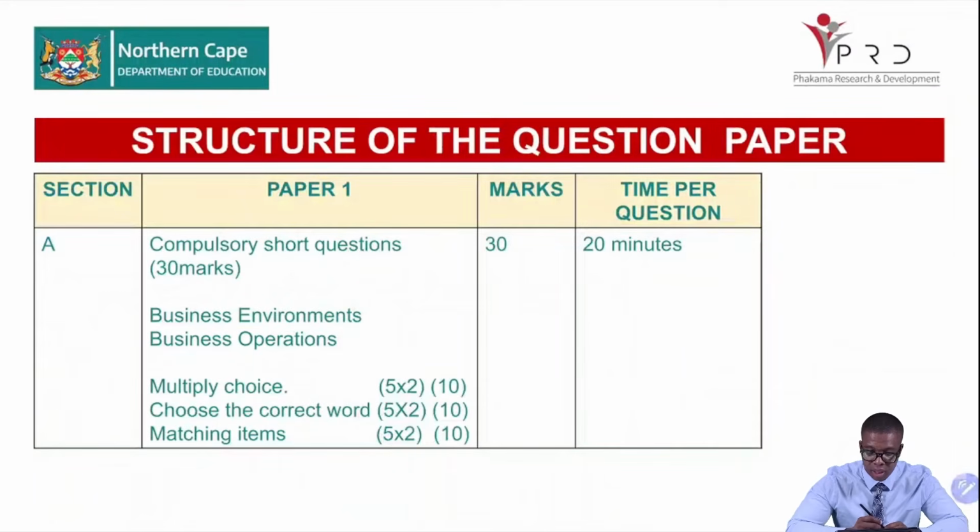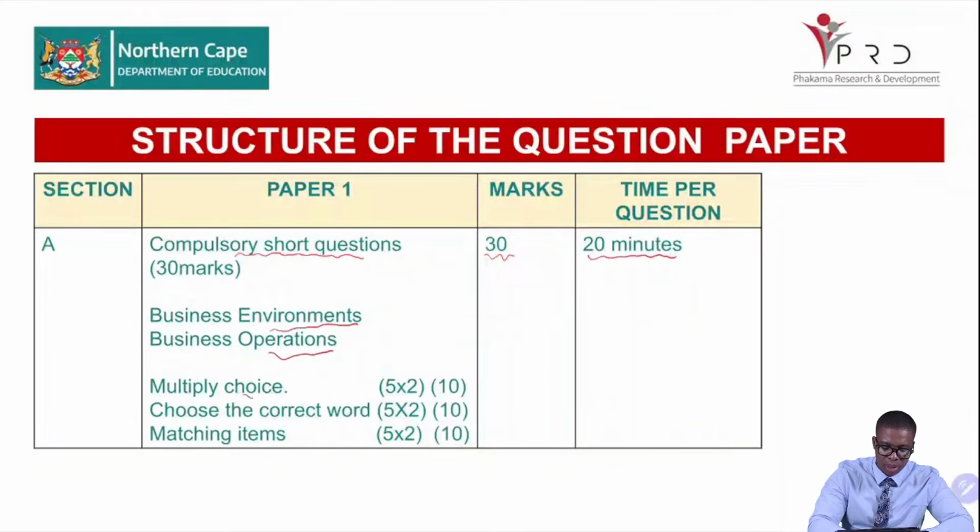Now, when we look into the structure of the paper, it has 3 sections: section A, B, and C. Let's start with section A. Section A consists of compulsory short questions, which are allocated 30 marks, and the time that should be spent answering the section should be 20 minutes. Section A will assess both main topics, which is the business environment and the business operations.